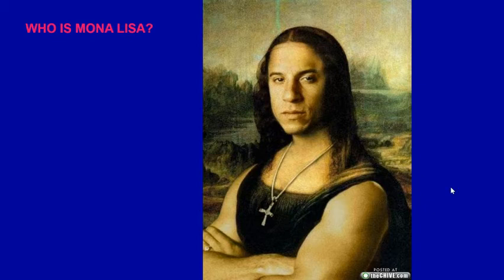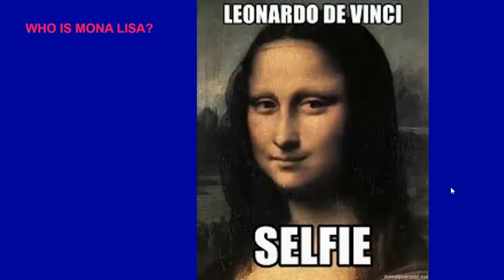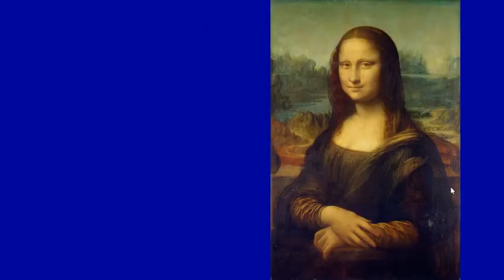And other people believe that Leonardo da Vinci had painted himself as a woman, and that's who the Mona Lisa was. Other people believe that she was a member of the Medici family, but there was no real clear evidence as to who she really was until recently.